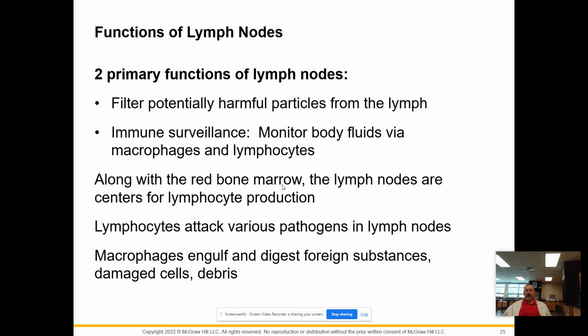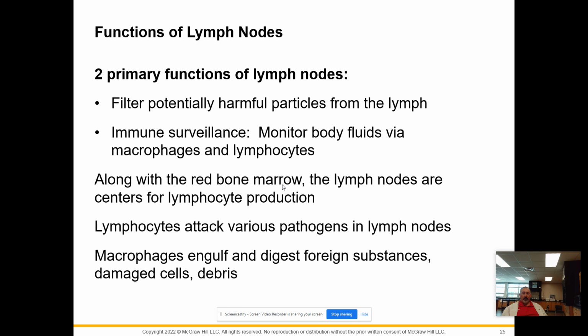There's two different categories of lymphocytes, B cells and T cells, B lymphocytes and T lymphocytes. Along with the red bone marrow, the lymph nodes are centers for lymphocyte production. The lymphocytes are going to attack pathogens in lymph nodes. This is their battleground, the lymph node. That's why it's swollen when we have an infection.